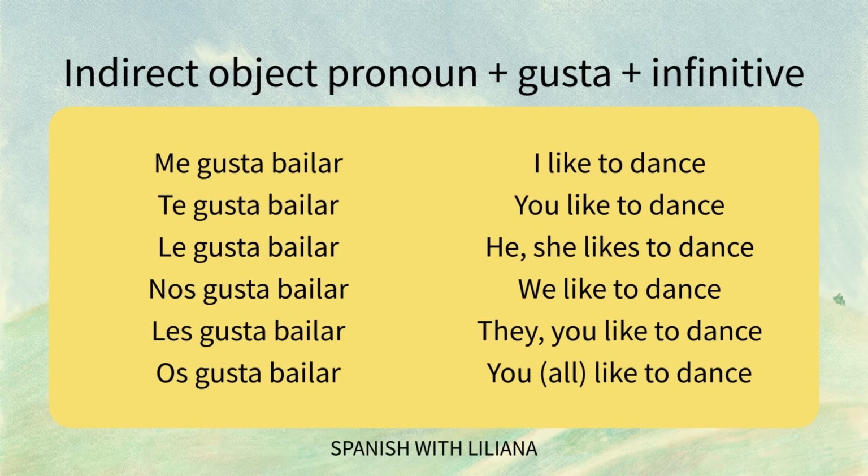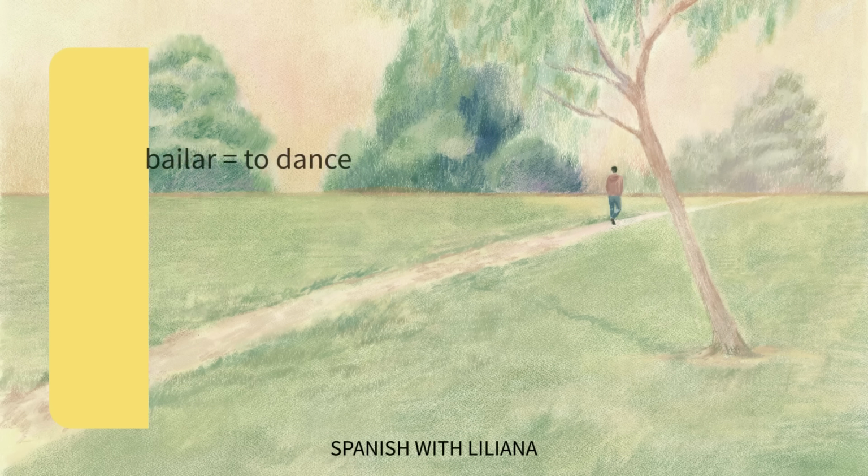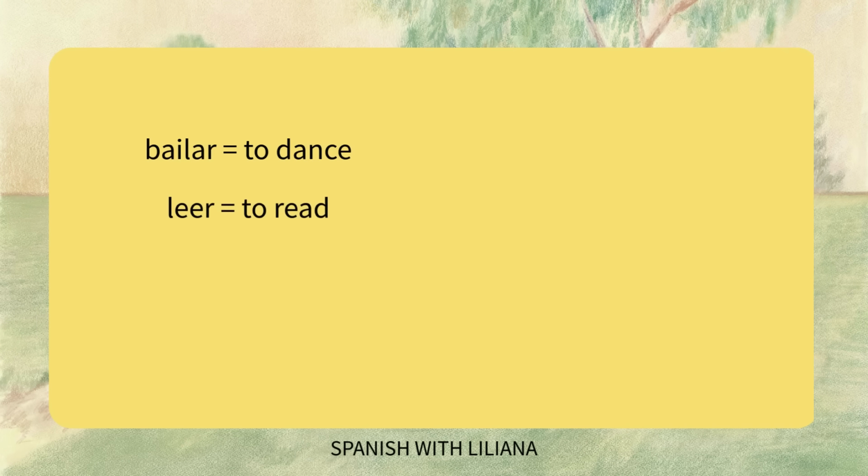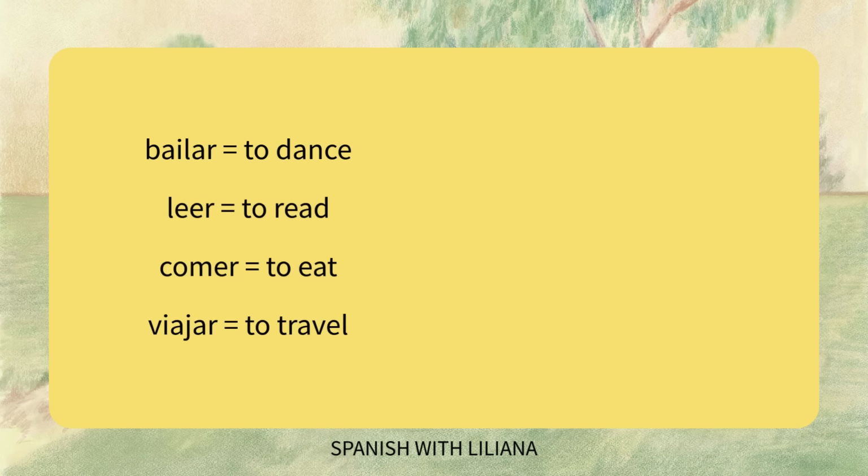So what you're going to do is take the indirect object pronouns plus the verb gusta and pair that with other infinitive verbs in Spanish. We already saw bailar, to dance. But you could also say leer, to read. Comer, to eat. Viajar, to travel.